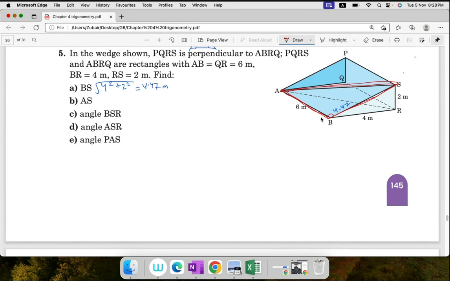So AS is just the hypotenuse in this case. Square root of 6 square plus 4.47 square is 7.48 meters.